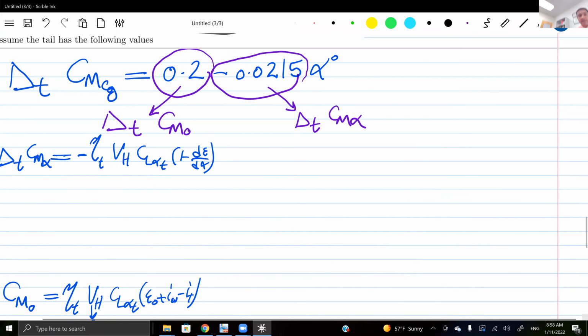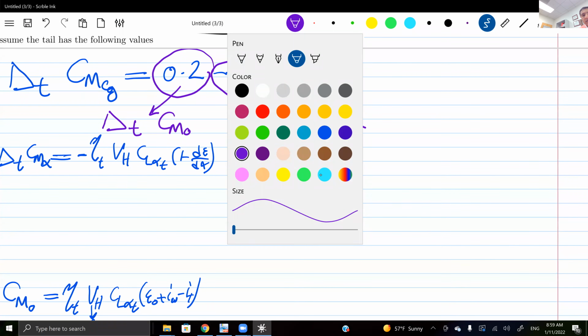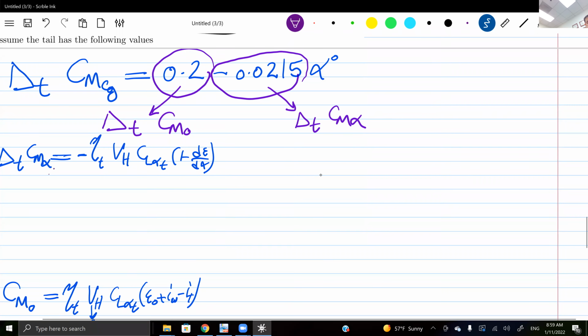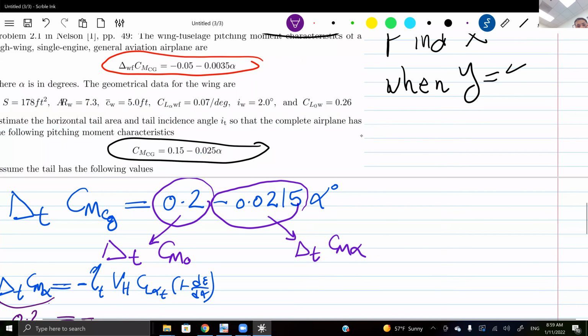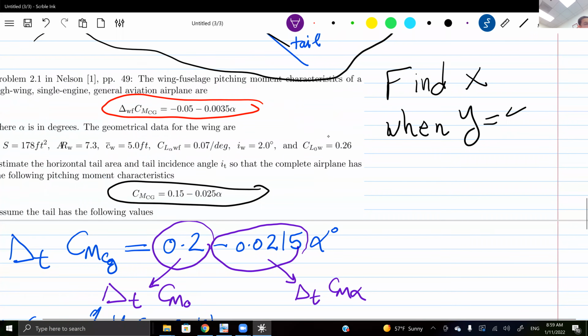So let's see what we have. Like I said, this is 0.2, equal to negative eta tail. I think it was given in this problem. Assume the tail has the following values.